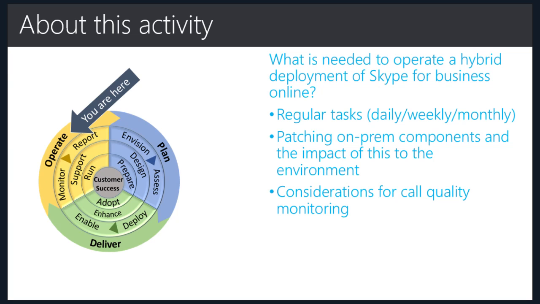Just think about the Edge server and the associated Next Hop, all the authentication infrastructure, Active Directory, ADFS, and maybe even mediation server if you're planning to use on-premises PSTN connectivity. All of those components are critical to the health and the service that's being delivered to your service.